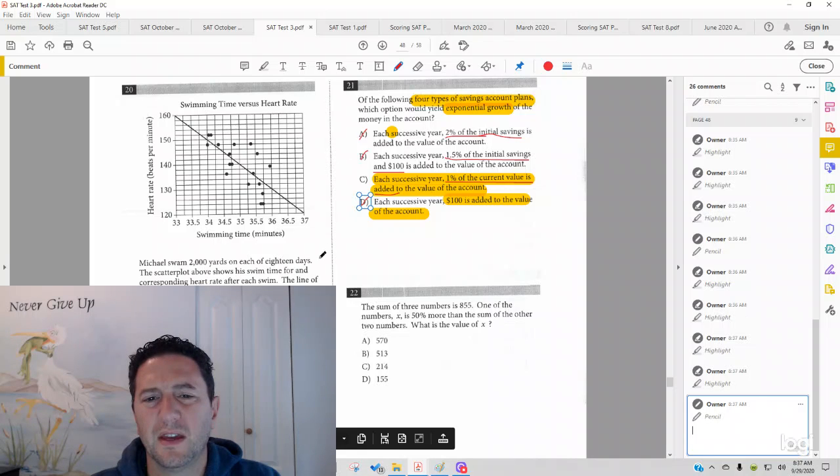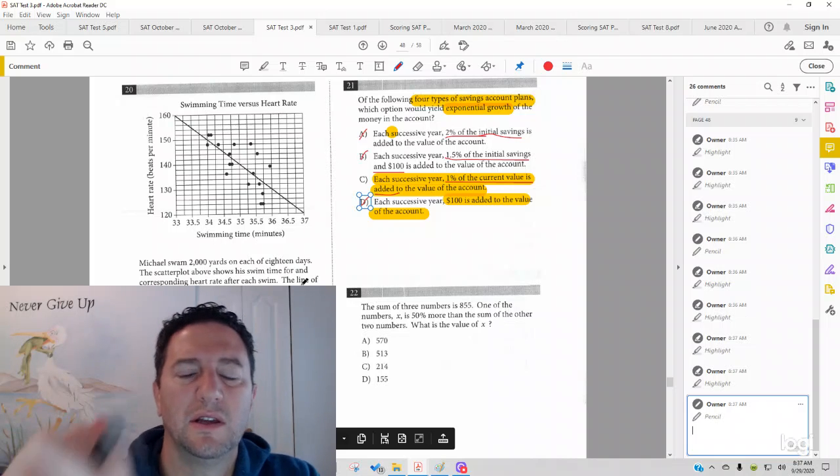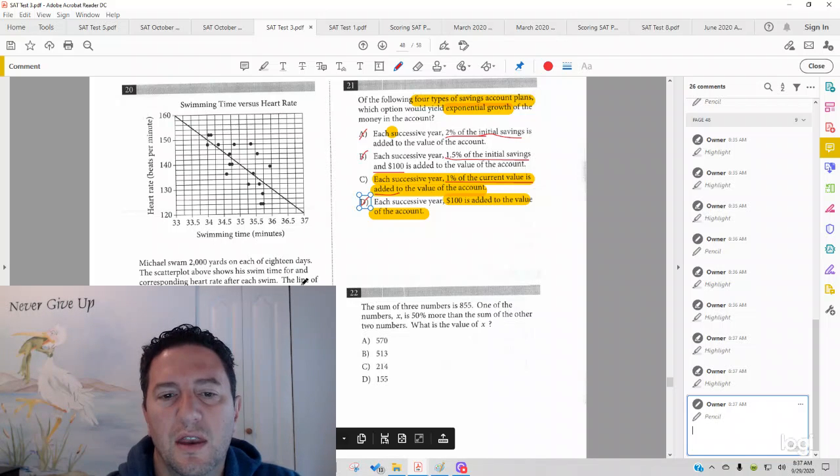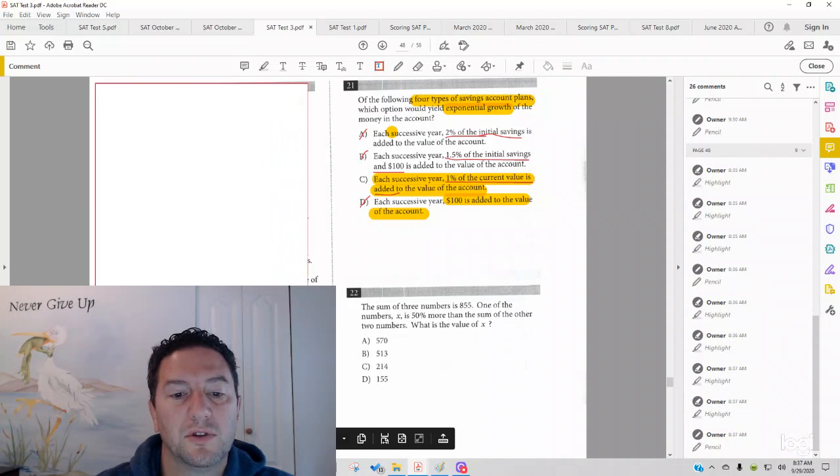So if you're wondering why or how this is true, then if we look at answer choice A, 2% of the initial savings. First of all, whenever you're working with a percent problem, it's a good idea to work with 100. 100 is the easiest value to work with when you're working with percent problems.